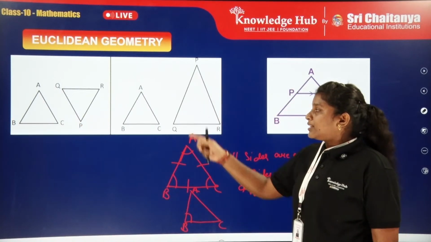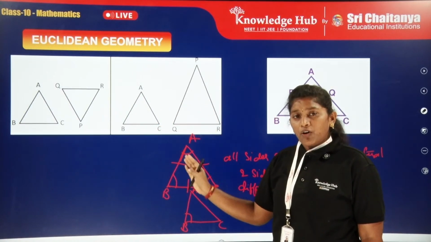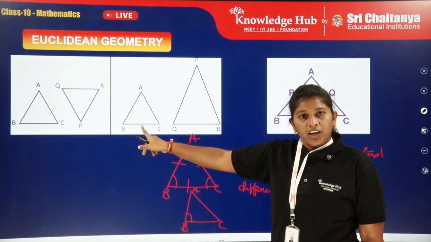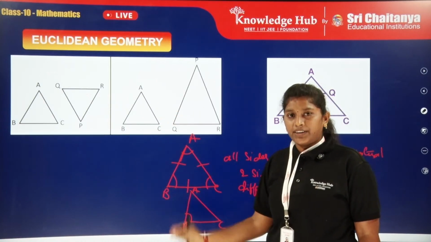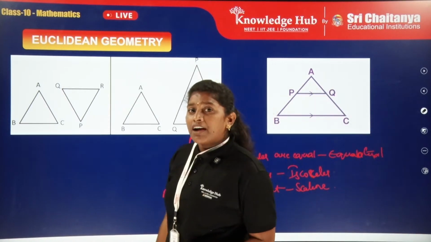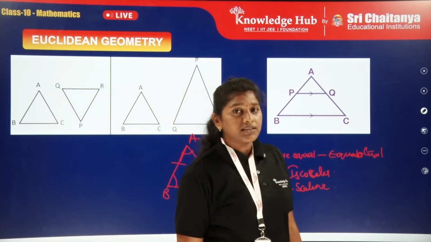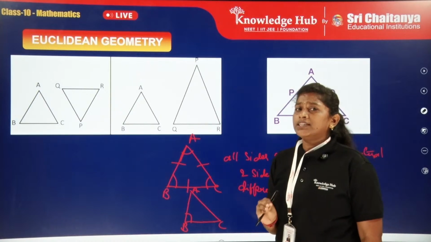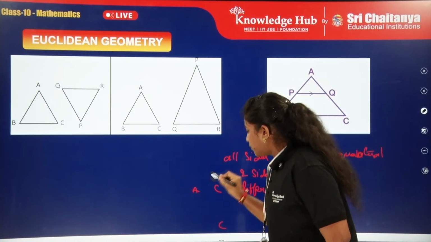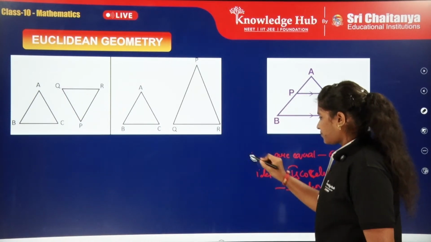But in the second figure, these two triangles have the same shape, but if I overlap, one is an enlargement of ABC. So these form similarity. Okay. So we say that figures are congruent if they have the same shape and same size, and shapes are similar if they have only the same shape. Okay. So now let's see what criteria we use in order to say that triangles are congruent and similar.